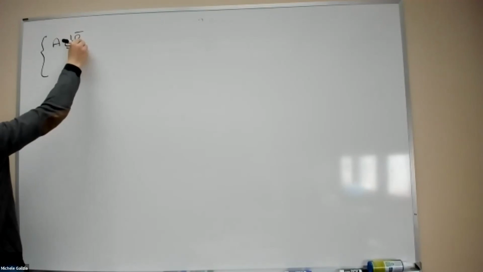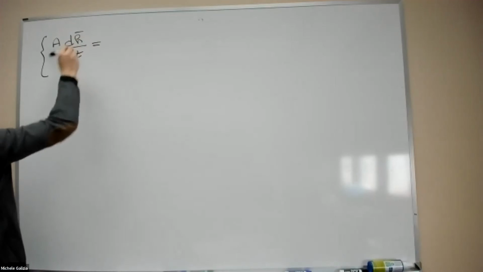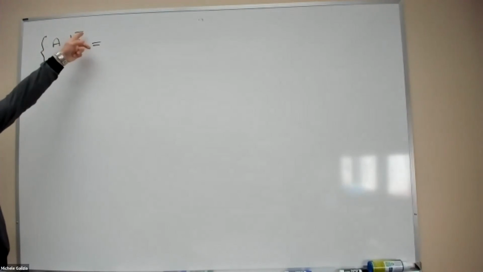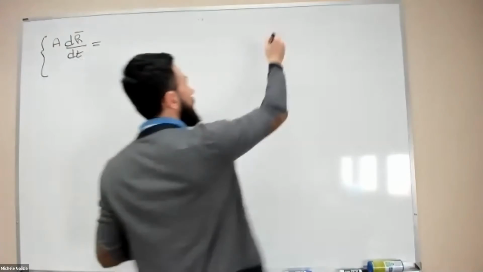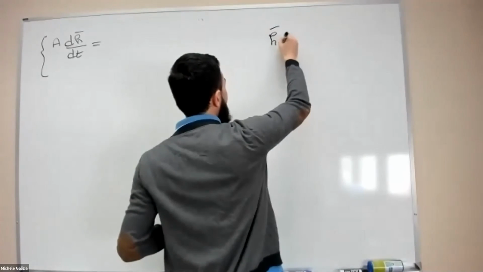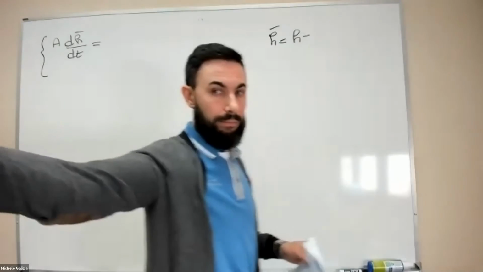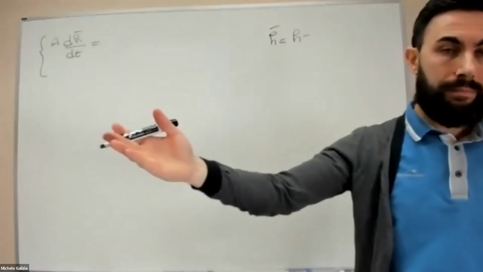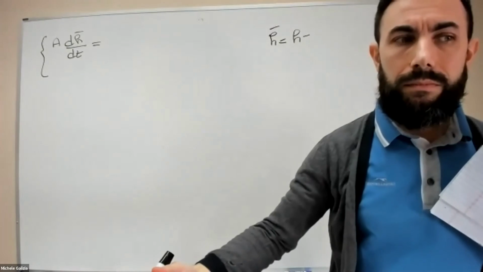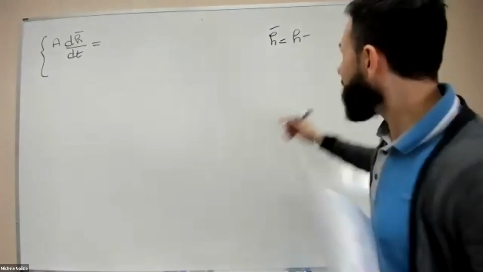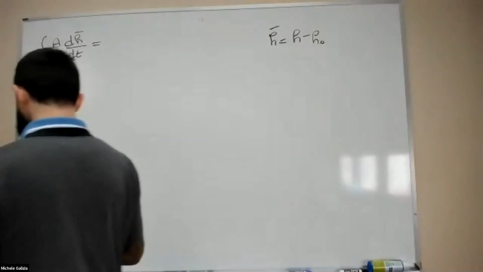Now, the linearized model in the deviation variable is dh over dt, where h is the deviated variable. The deviated h is equal to h minus what? H naught. The original steady state height value. Yes, h minus h0.